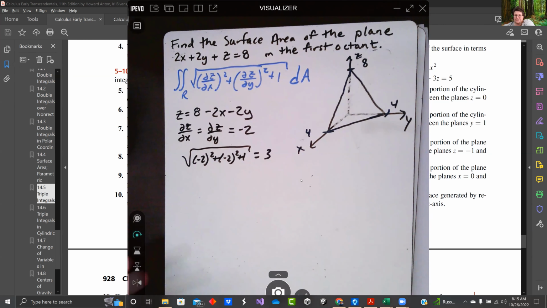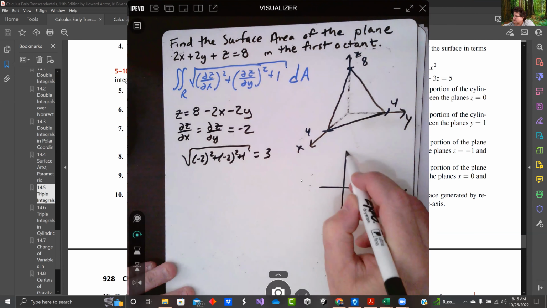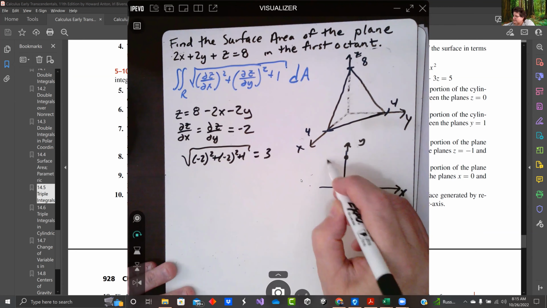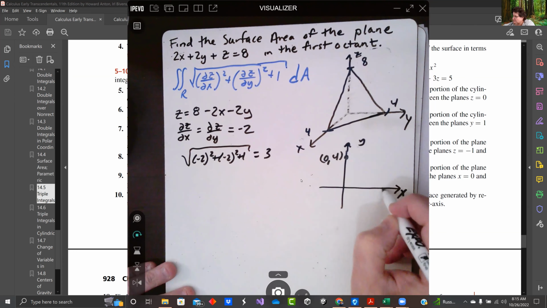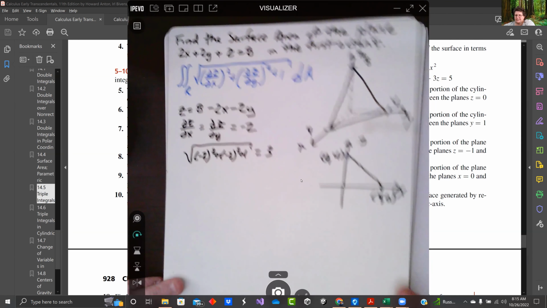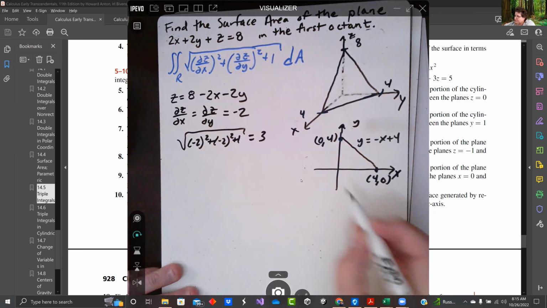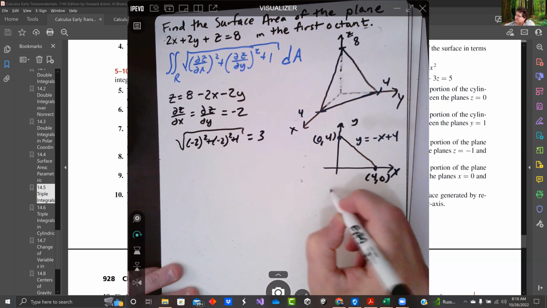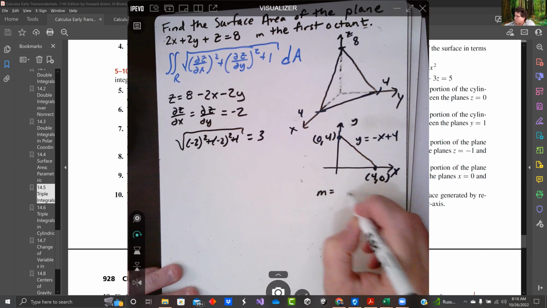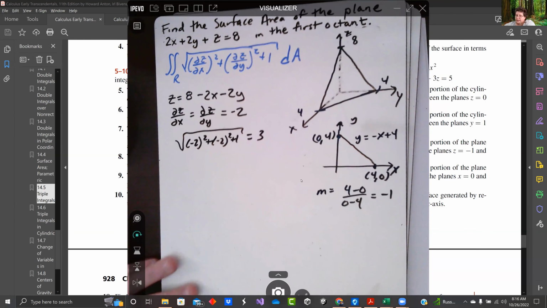What are my limits of integration? Well, if we resketch this region of the XY plane, we have a point at 0, 4 and a point at 4, 0. If you don't recognize that as the line y equals negative x plus 4, you can do a little bit of rise over run. m equals 4 minus 0 over 0 minus 4, and we get -1 for the slope.